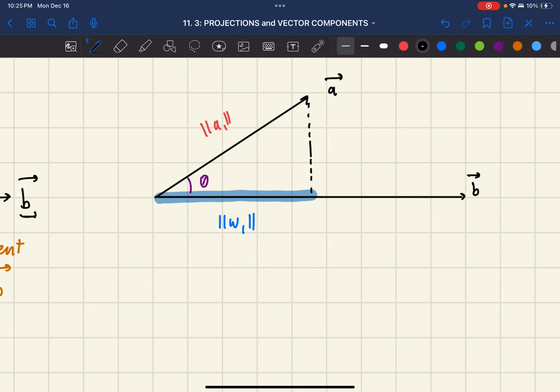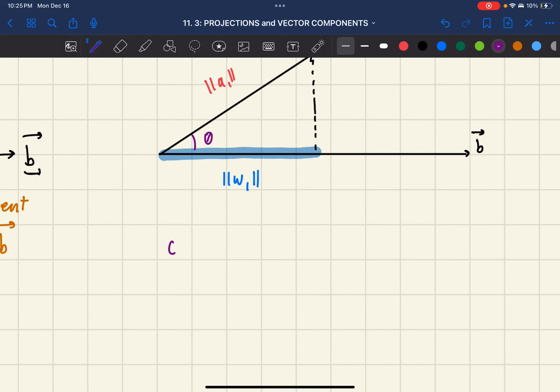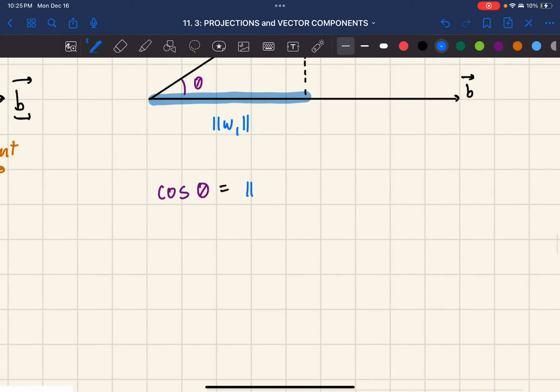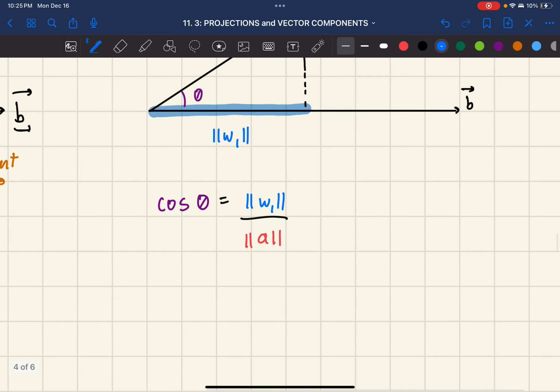How exactly are we going to create a relationship between this? Yes, we can use the cosine formula. Recall, cosine is just adjacent over hypotenuse, which in this case means the adjacent vector magnitude over the hypotenuse, which is A. With a little bit of rearranging, we have the magnitude of the projection is equal to the magnitude of A cosine theta.